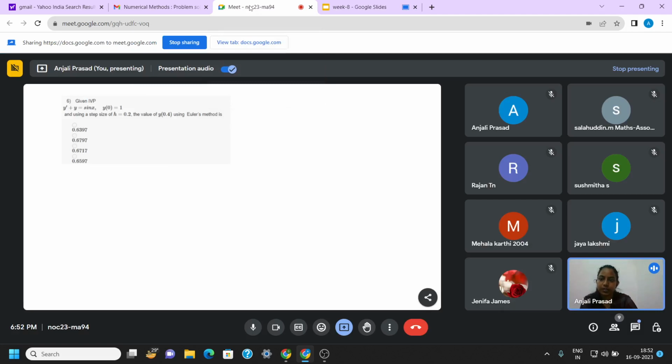Use the Euler's method and take the step size as 0.2 and calculate y of 0.2. Here f of x comma y will be sin x minus y.